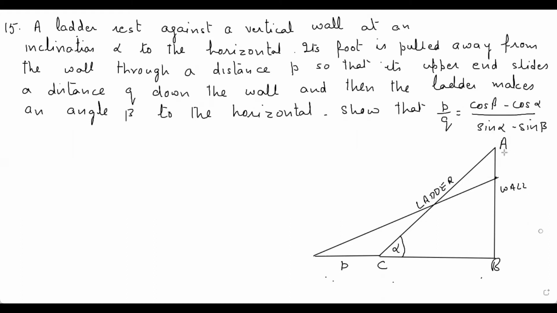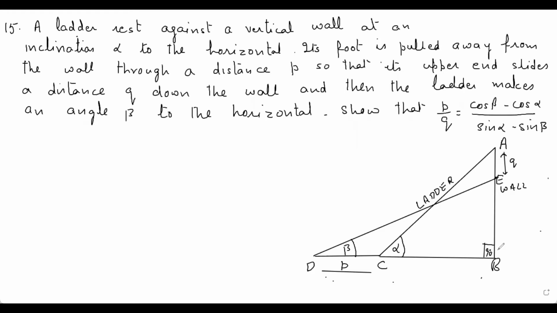So this distance will be Q. Its shape will be like this, DE. Earlier its shape was CA, now its shape is DE, and this makes an angle beta with the horizontal base.